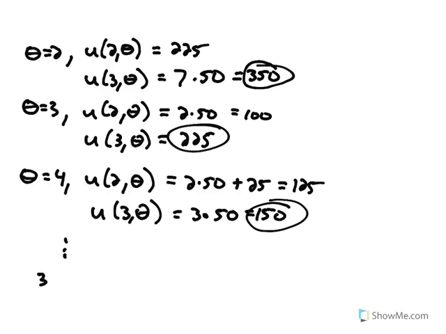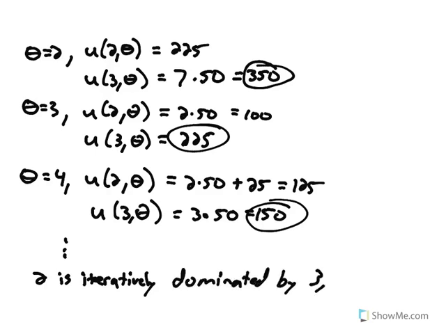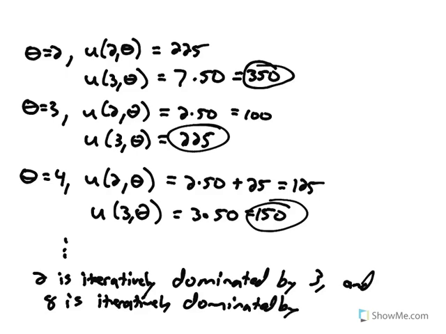So let's say 2 is iteratively dominated by 3, and 8 is iteratively dominated by 7.